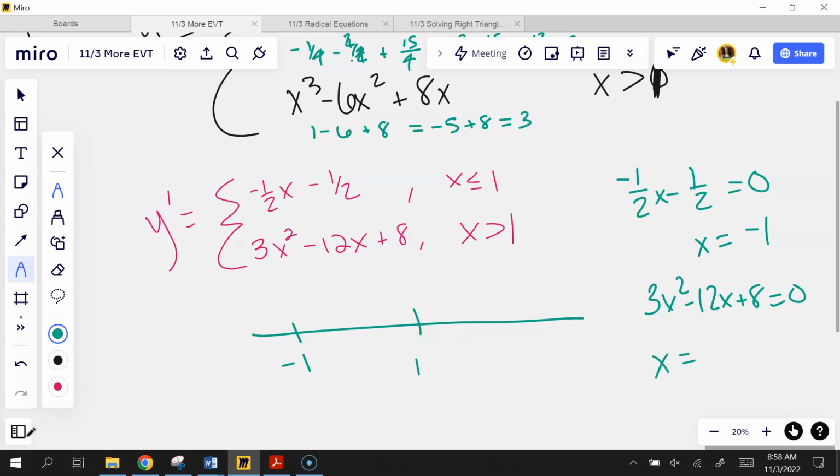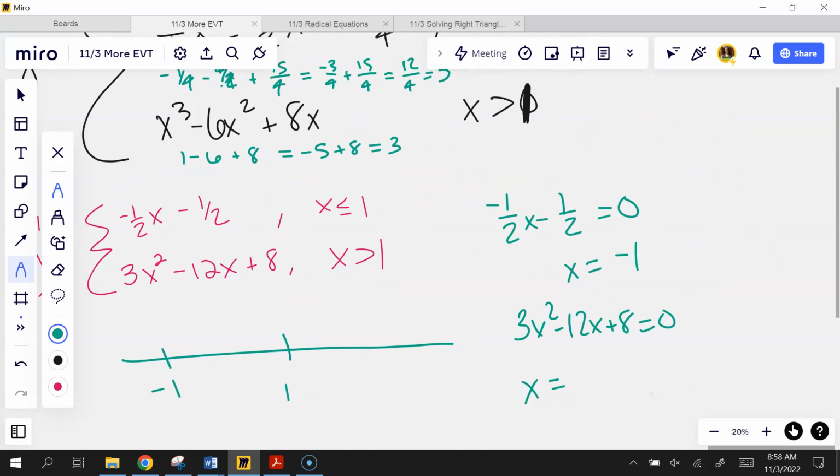Okay, nothing to it but do it. Opposite B. You want me to write it out for you?